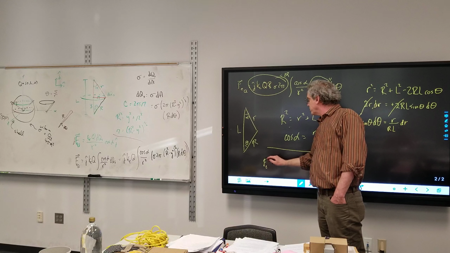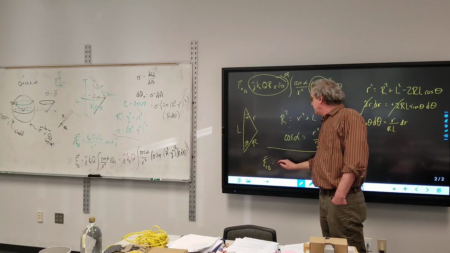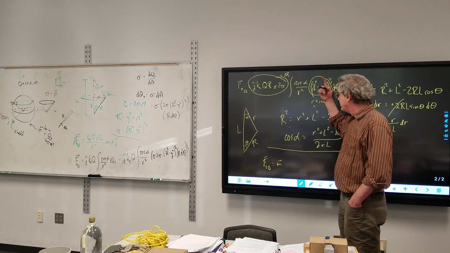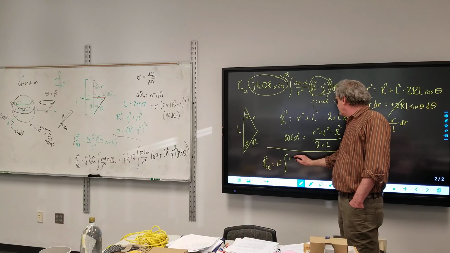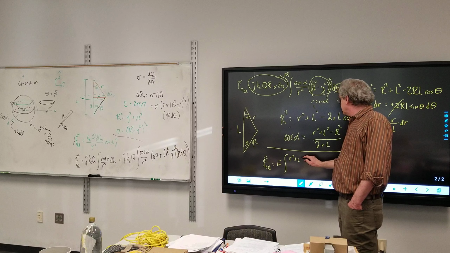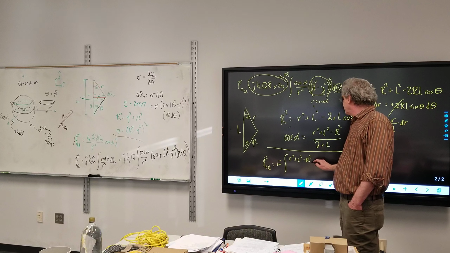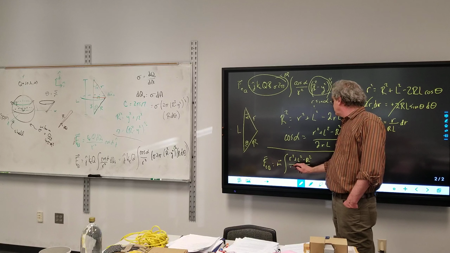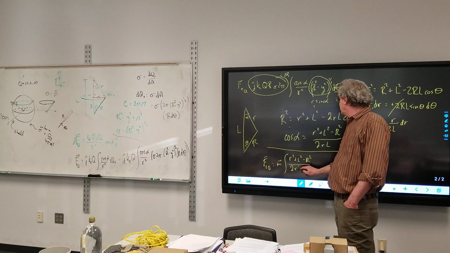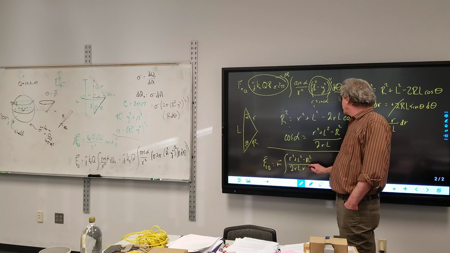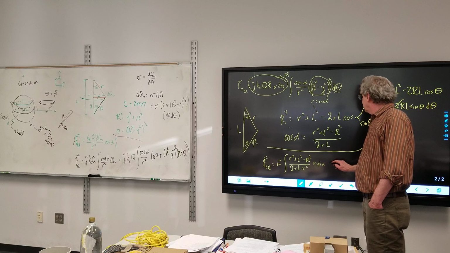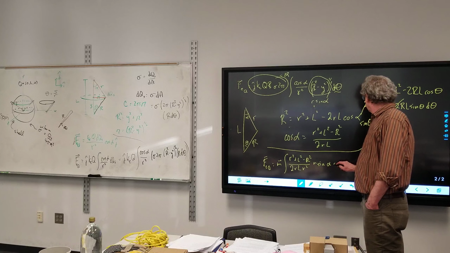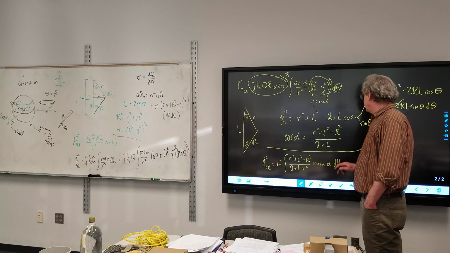So the electric force on Q is equal to this vector M, which points upwards, times the integral of cosine alpha, so little r squared plus L squared minus big R squared over 2RL, over r squared, times r sine alpha, d theta.